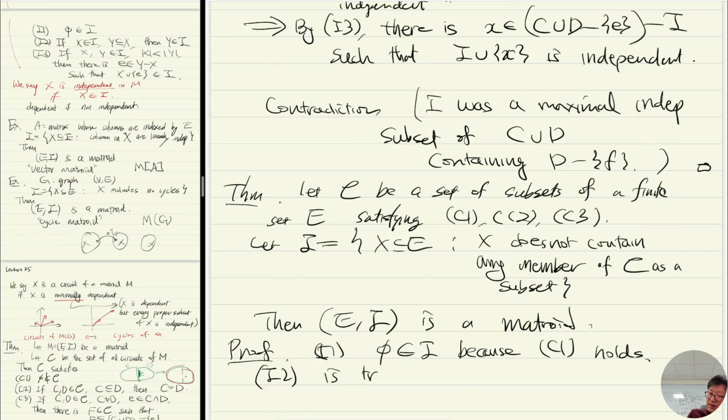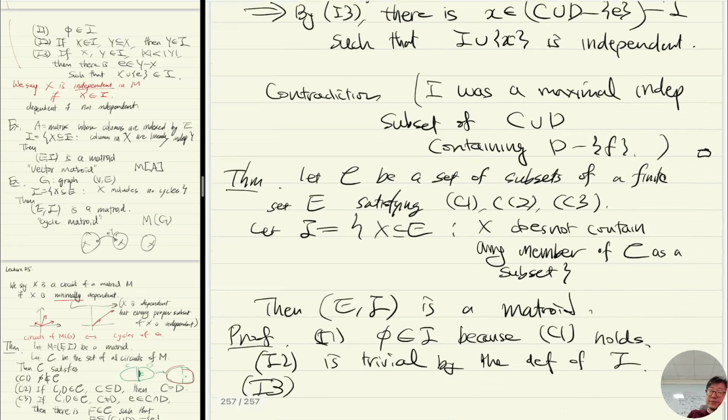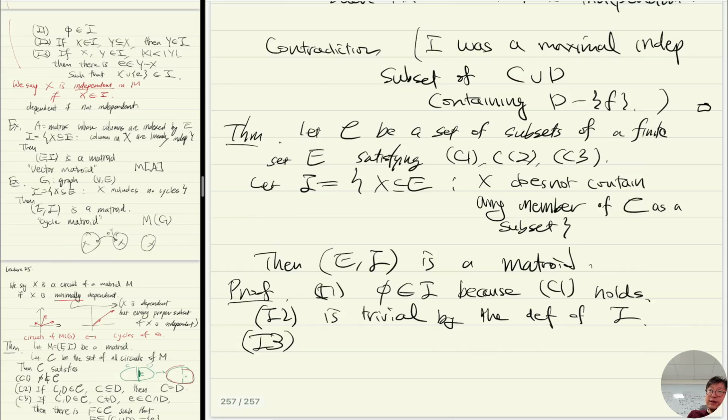I2 is trivial by definition of I. Now what's left is I3. How do we prove I3? I3, I'm talking about X and Y. So suppose I3 fails. Choose a counterexample.